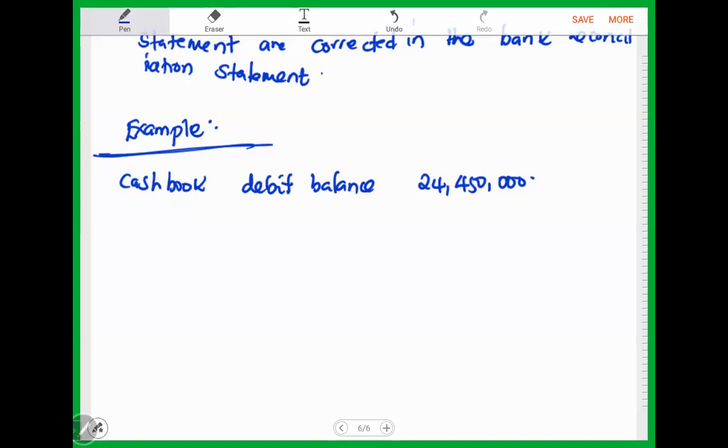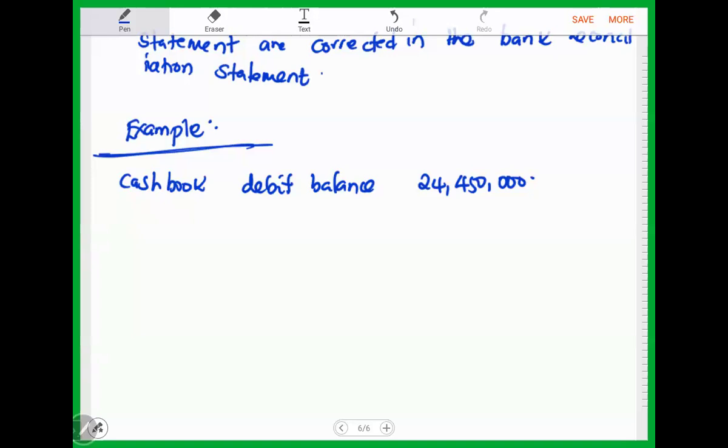That is a direct debit, because the bank had removed that on our account. So the bank did a direct debit by removing 1.6, but nothing was appearing in our cash book. So it must be a credit in the cash book. It must appear on the credit side of the cash book.